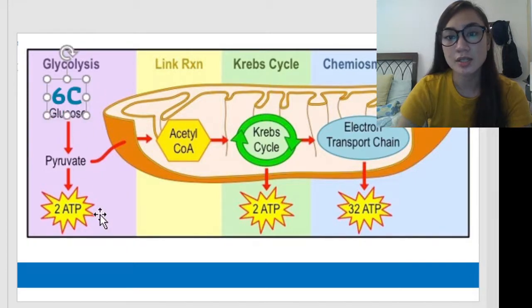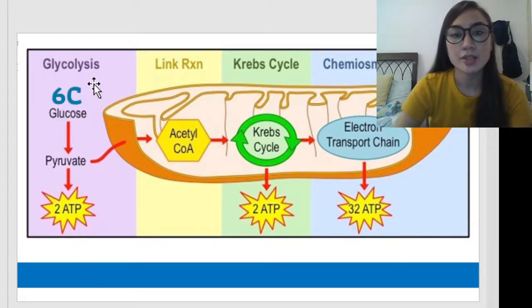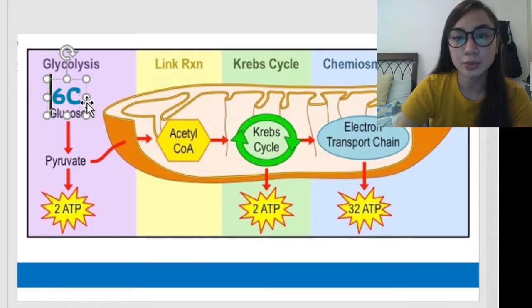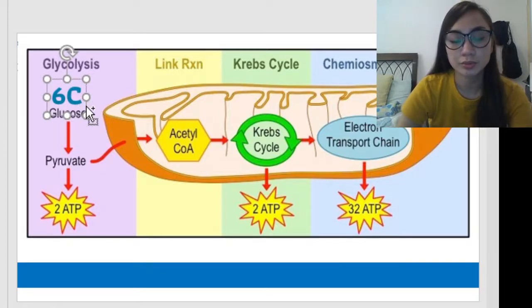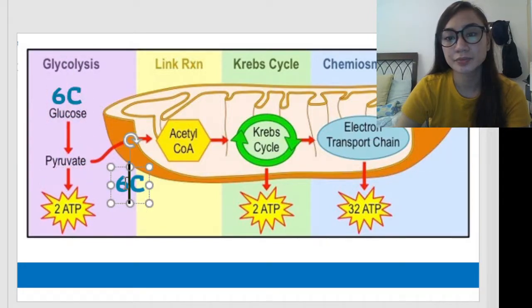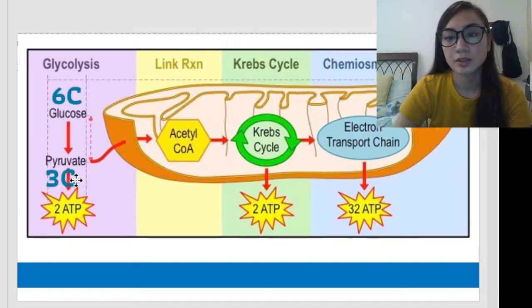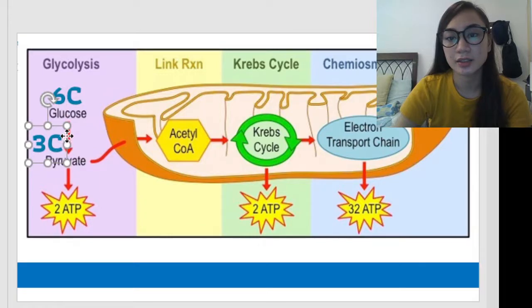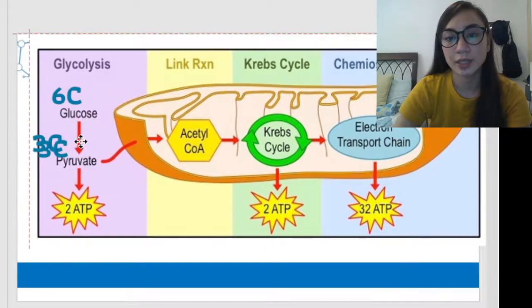Glucose is a 6-carbon atom. So, ito ay mabe-breakdown into 2. So, magiging dalawa siya. So, bali meron tayong dalawang pyruvate.